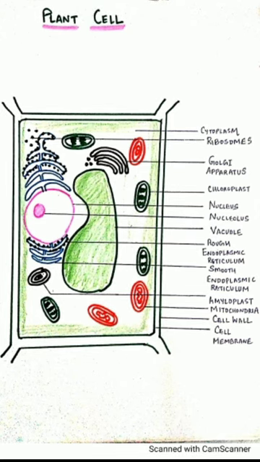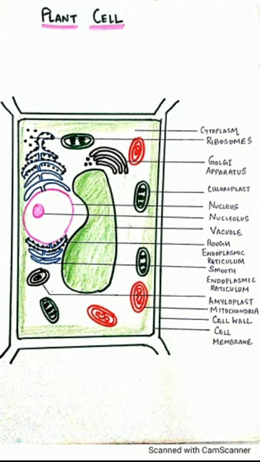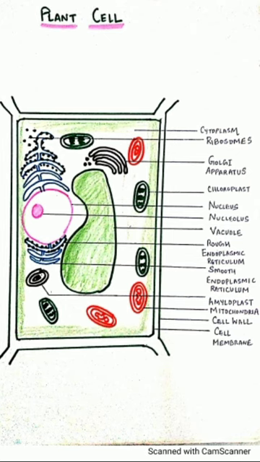This primitive cell with nucleoid is called a prokaryotic cell, where pro means primitive and karyon means nucleus. Nucleus is the brain of the cell as it controls various activities of the cell like cell division, growth, etc. It also stores DNA, which is the hereditary material that passes from one generation to another.